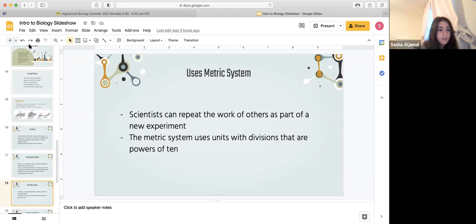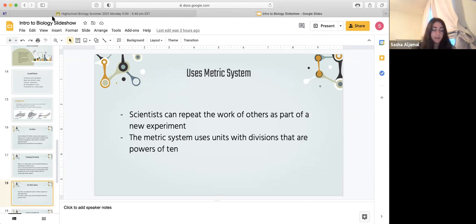And then the majority of countries in the world employ the metric system of measurement. And then, yeah, this is basically what all of you said. It's easier for other scientists and other people to see the data that people collect, and you can't have someone who doesn't use the metric system doing the same experimentation.